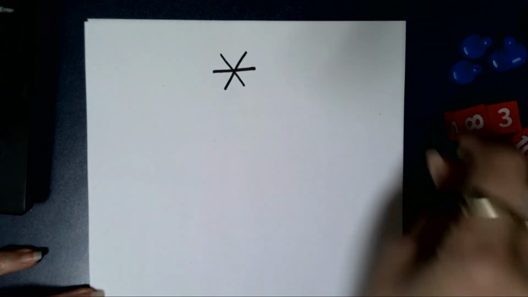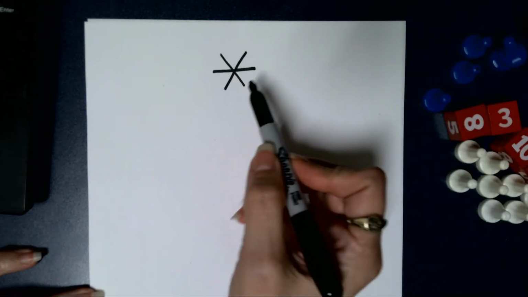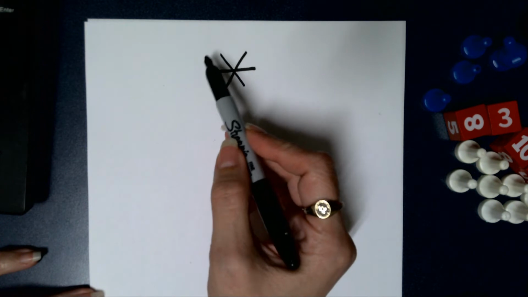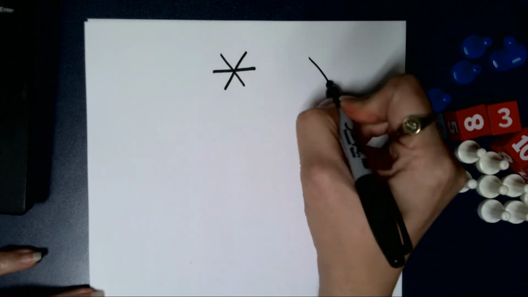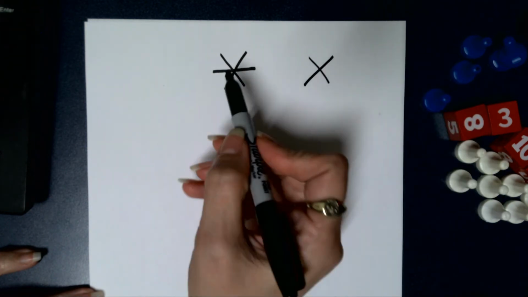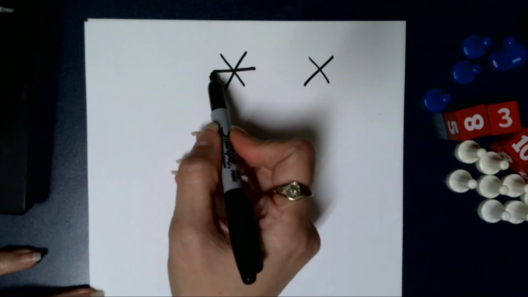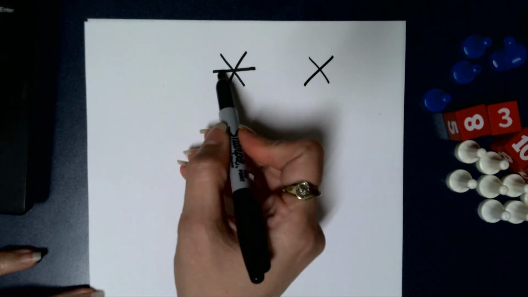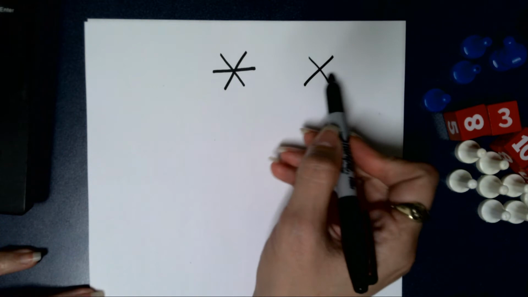So what we're going to do is think about what the difference is between this and this. If you look, the star has the line straight through it, whereas the pawn does not.